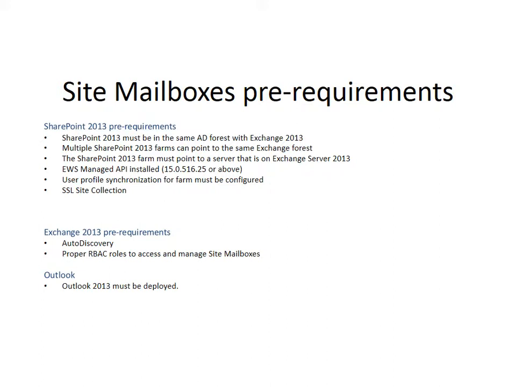User profile synchronization for the farm must be configured, and an SSL site collection must be in place. For the Exchange 2013 side of the configuration, you need to configure Autodiscover properly, and in order to set up site mailboxes, you need the correct RBAC roles.